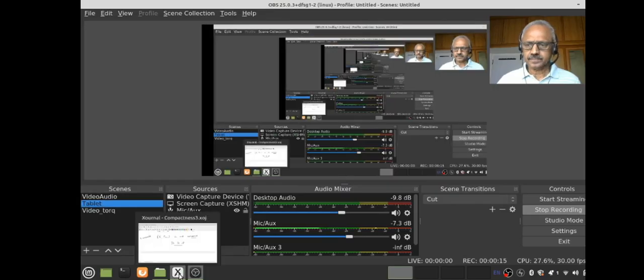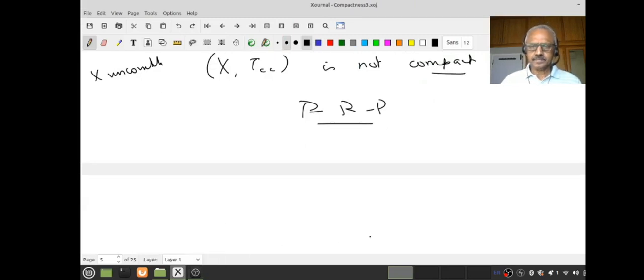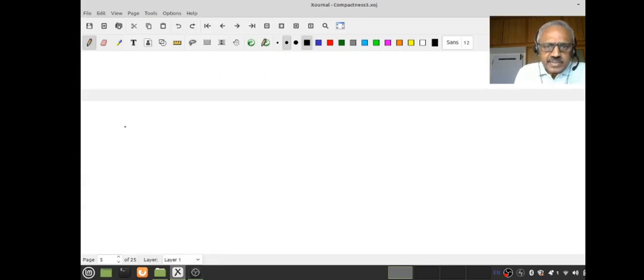Let us continue with the next example. That's a set with cofinite topology. So second example: cofinite topology.